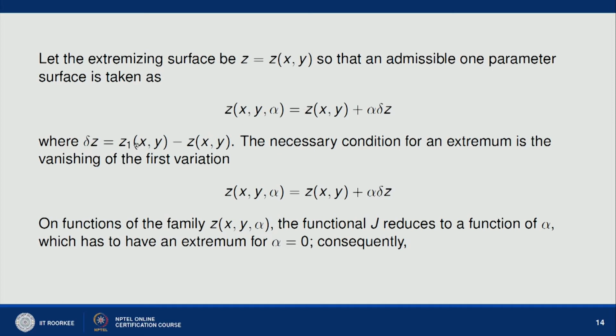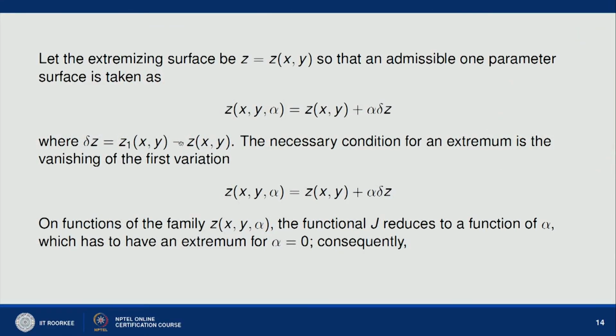Let us take z1 of x, y as another surface which is arbitrary but fixed. Arbitrary in the sense that you can take any surface having the same boundary condition as z, and fixed in the sense that once you take this surface, it is fixed.